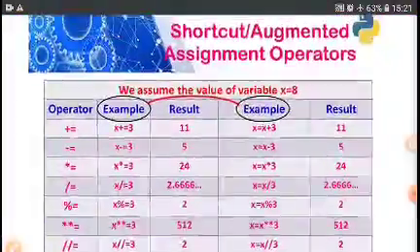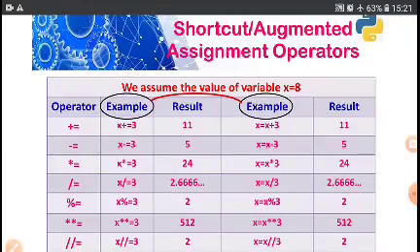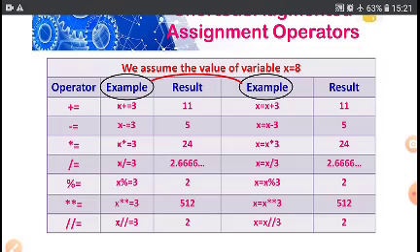Next, shortcut and augmented assignment operators. In the first column you can see plus equal to, minus equal to, and example 1, example 2. If the x variable has value 8, you can see x plus equal to 3 will produce 11. You can write it in expanded form, x is equal to x plus 3, result is also 11.